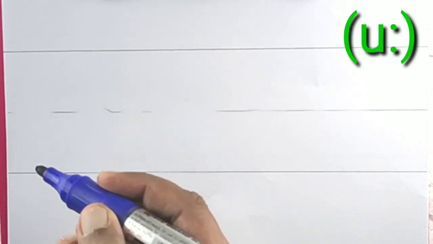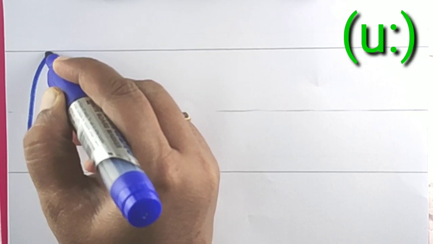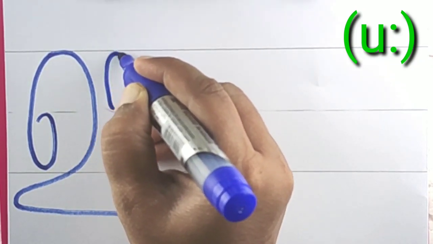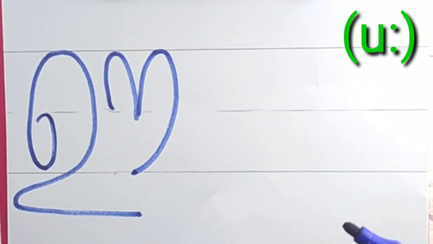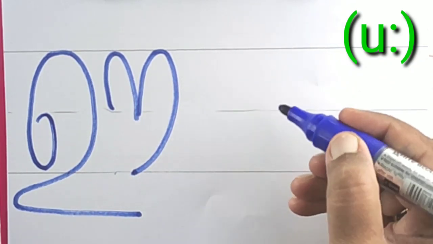Now let's see how the U vowel sign is used for the consonant Ka. So let's write U. U. So now we want to make the U sound for the Ka.